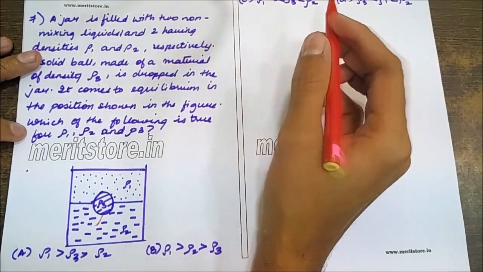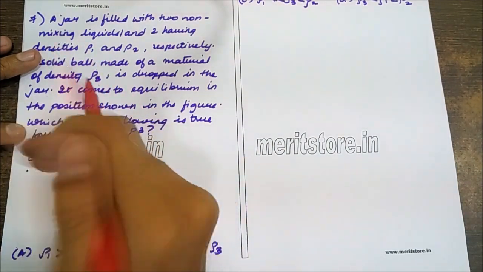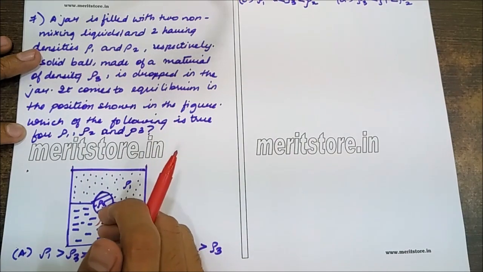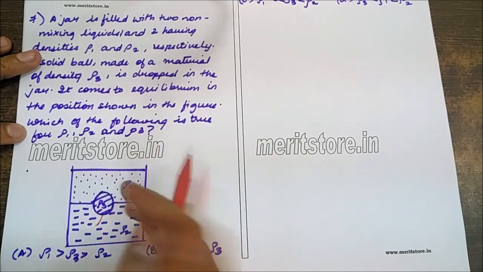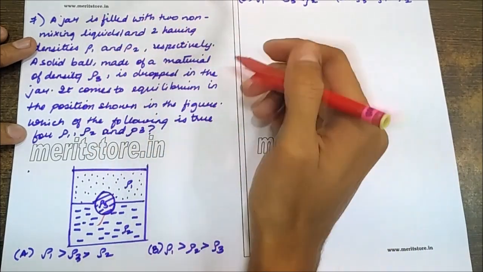In the equilibrium position, the weight of the ball will be equal to the weight of the first liquid plus the weight of the second liquid displaced. That means the addition of both the liquids will be equal to the mass of the ball which is put in.